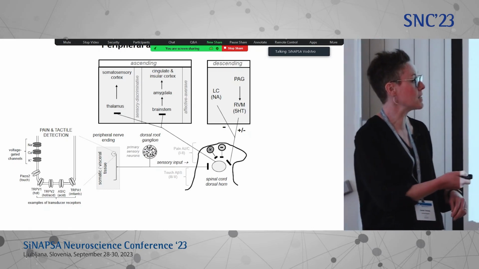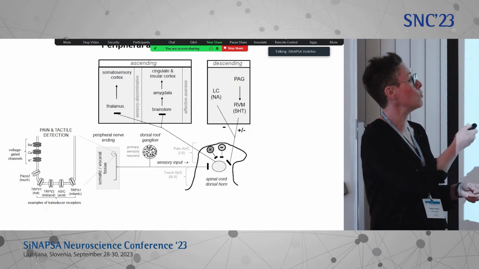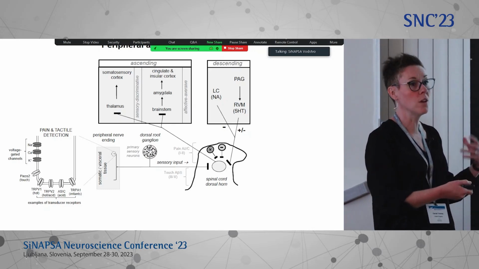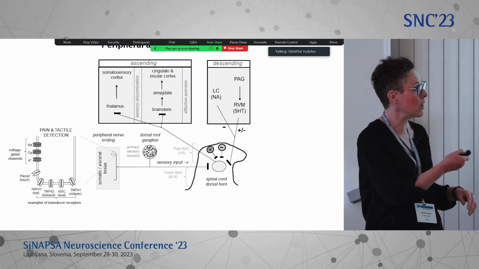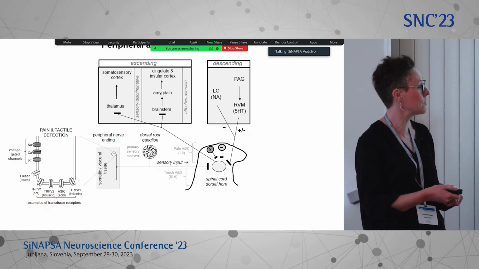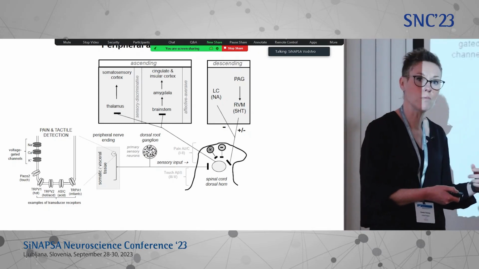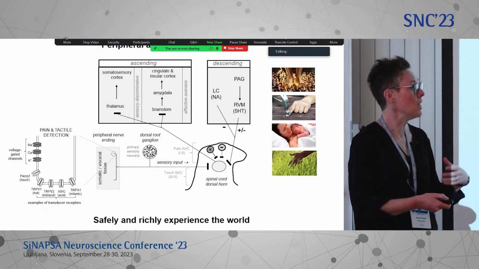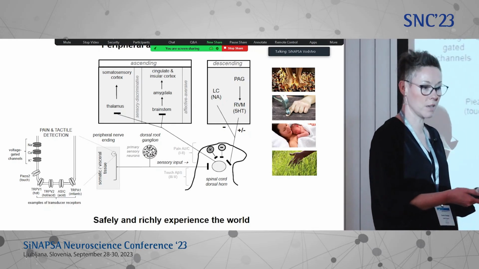And following processing, signals are then sent to higher centres that are known to be involved both in the sensory discriminative aspects of pain processing and also the affective emotional aspects, and as we learned last night, are very important for the chronicity and the development of chronic pain. So this somatosensory system that processes pain and also tactile information is essential in order to safely but also richly experience our world.